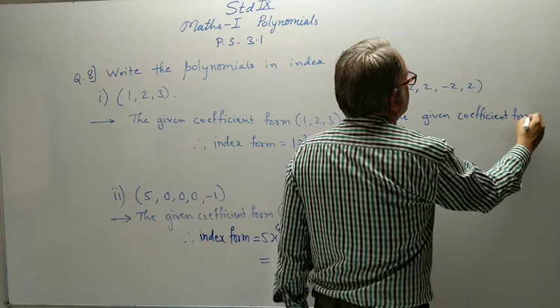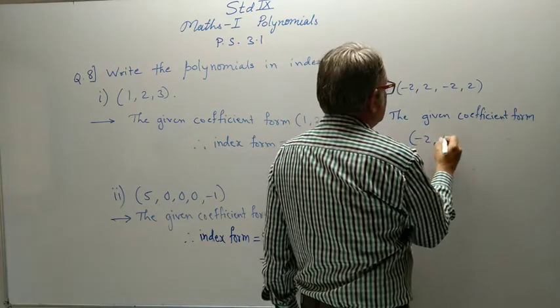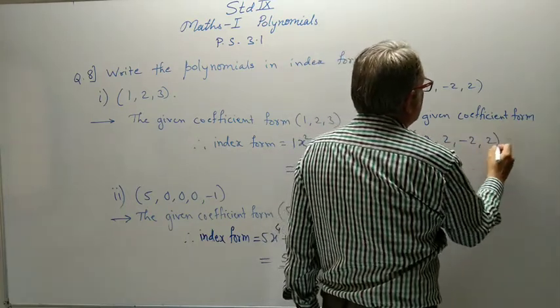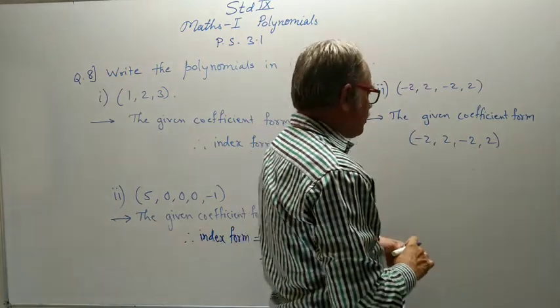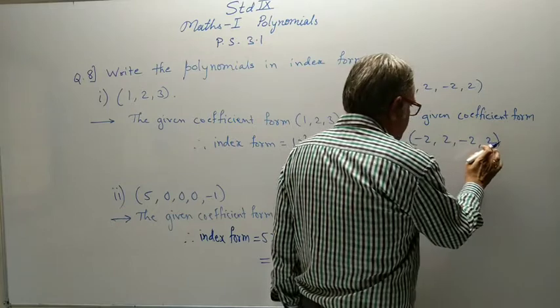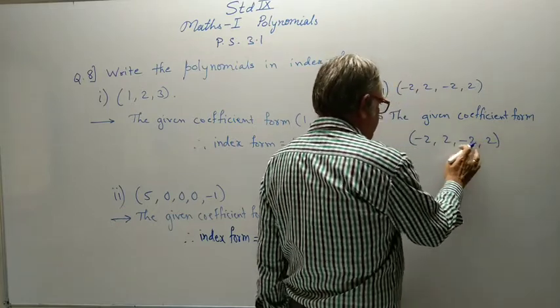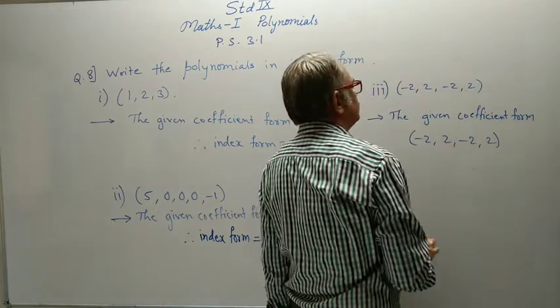What is the given coefficient form? Minus 2, 2, minus 2, 2. How many terms are there? 4. So what is the index? 3. If you cannot remember, you can confirm it: it is the constant term, x square term, x cube term.